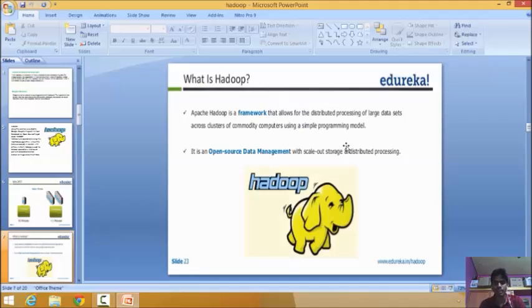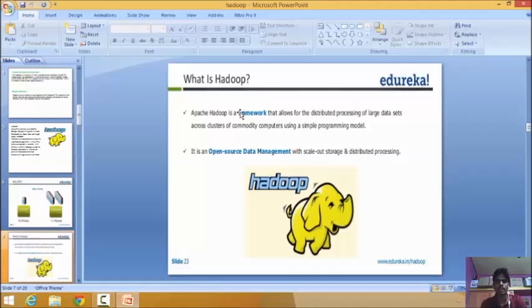What is Hadoop then? Let us understand this definition. Apache Hadoop is a framework that allows for the distributed processing of large data sets across clusters of commodity computers using a simple programming model. Do you understand what it means? I think many of you have understood this, but let me explain. Apache Hadoop is a framework. What is meant by framework?